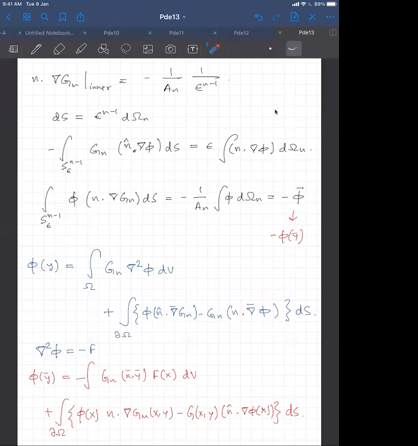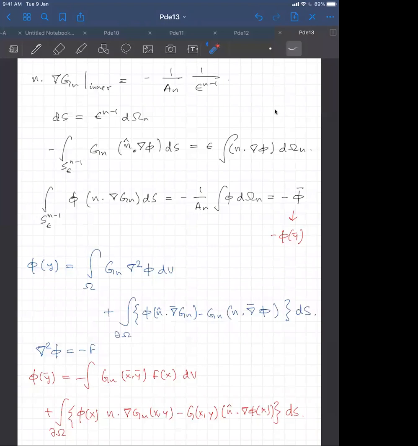Or you can apply Neumann boundary conditions, which is just n dot del phi on this del omega. This also gives you a unique solution. So how can we explain something here which has both phi and n dot del phi?